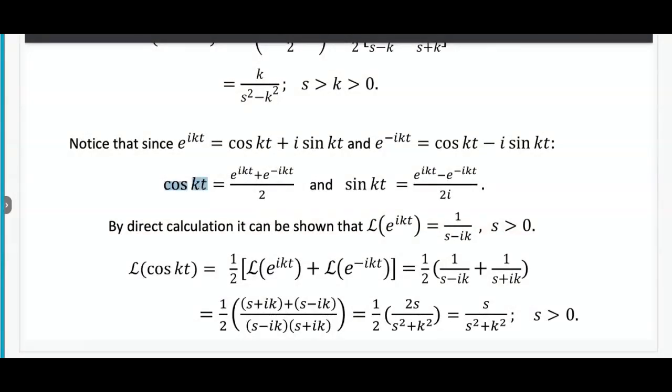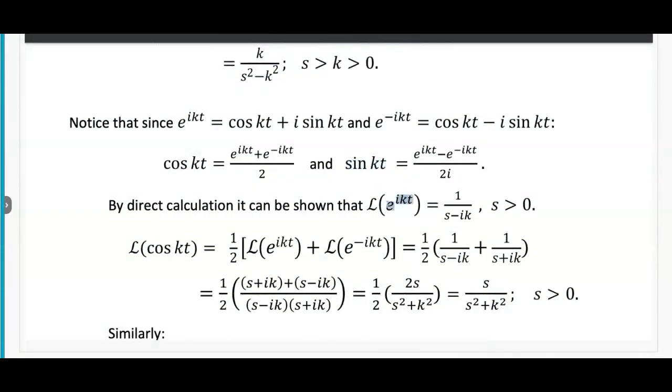But you do need to know this transformation for e to the ikt, which follows from the previous, because in e to the at, a is just ik now. So it's just 1 over s minus ik. It works for this, and ik is not a real number, it's imaginary.